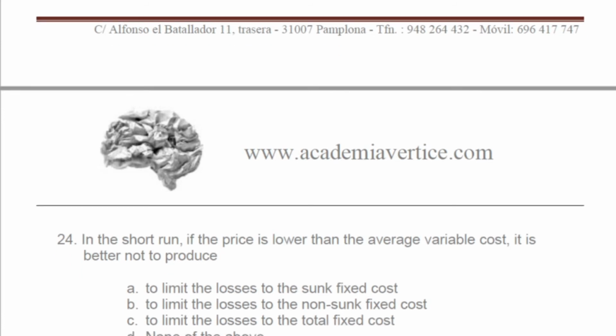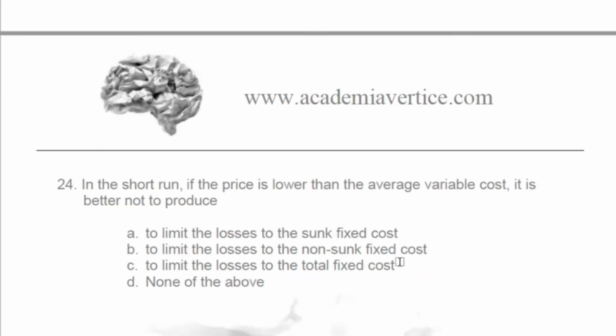Question number 24. In the short run, if the price is lower than the average variable cost, it's better not to produce. Well, be careful. The statement is the same as in the previous question, but I wanted here to introduce this concept of a sunk fixed cost and a non-sunk fixed cost, because we have to take care with them. To limit the losses to the sunk fixed cost, yes, this is the correct one.